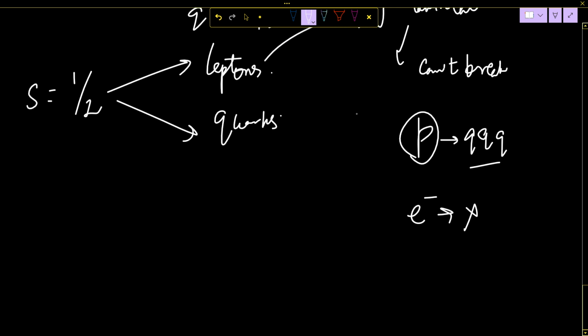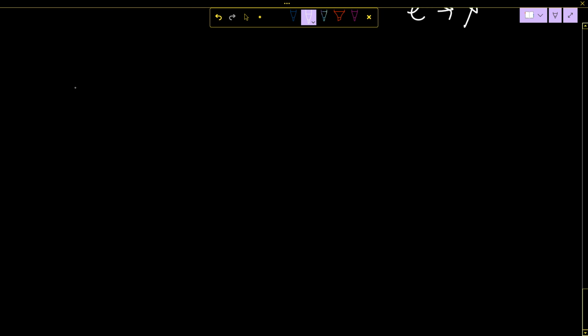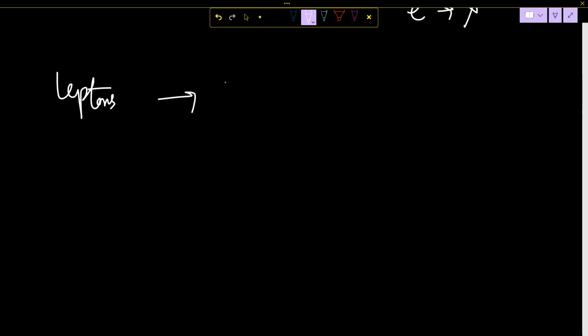Next, we can also make a table of that. You can make a table of the kinds of matter. Leptons are particles that experience the weak interaction.